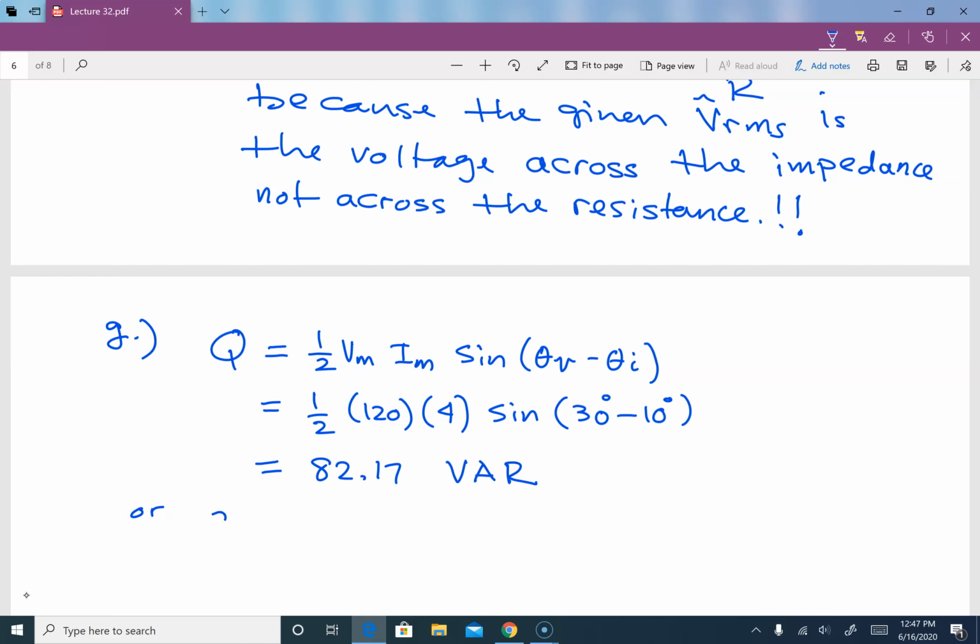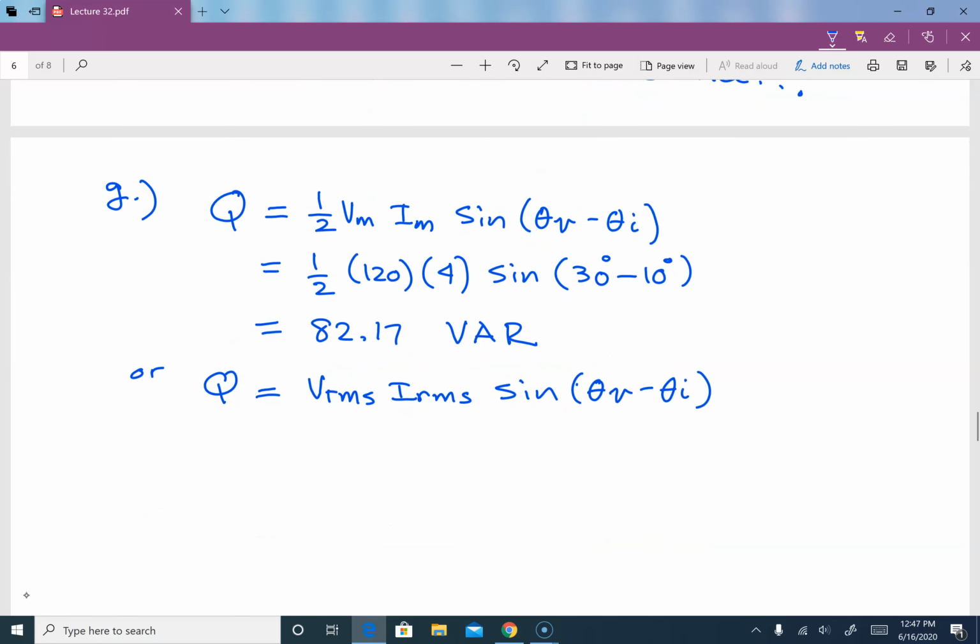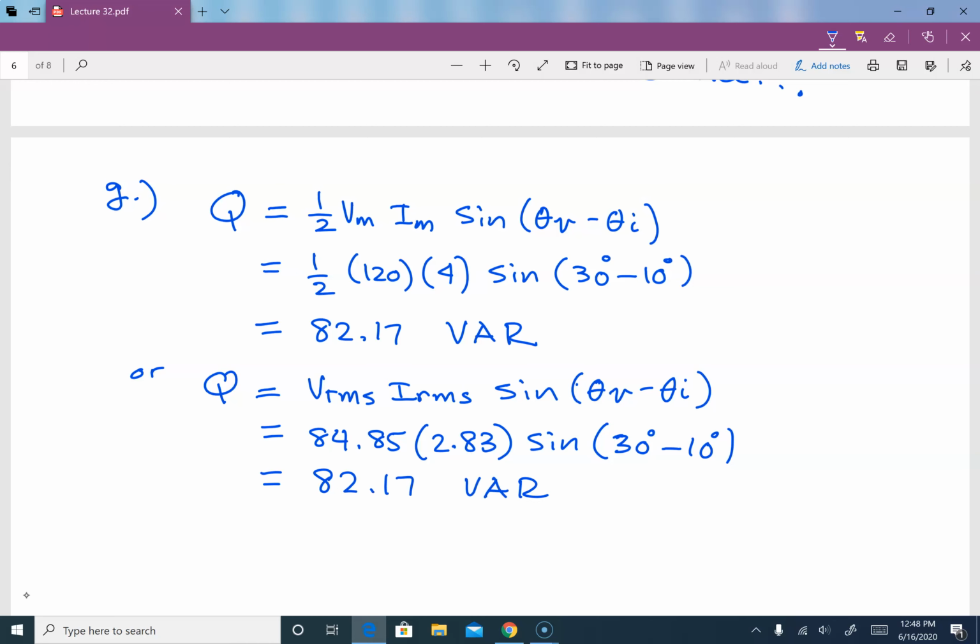Or you can use Q is equal to VRMS IRMS sine of theta V minus theta I, and in this case that is equal to 84.85 times 2.83 sine of 30 minus 10, that will be 82.17 volt ampere reactive.